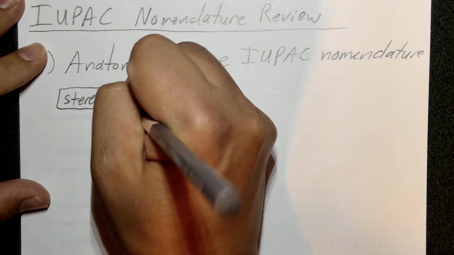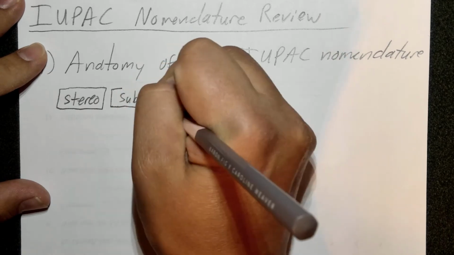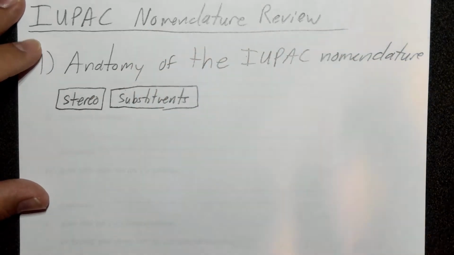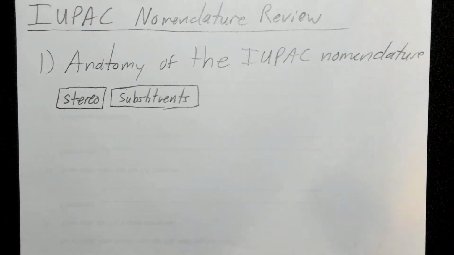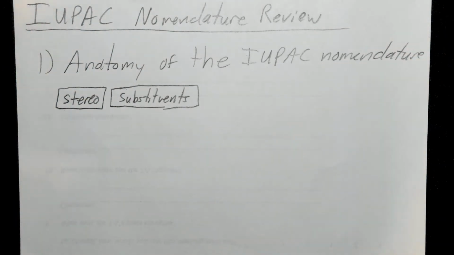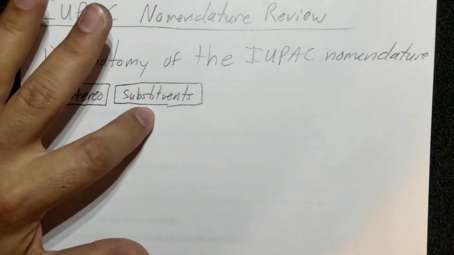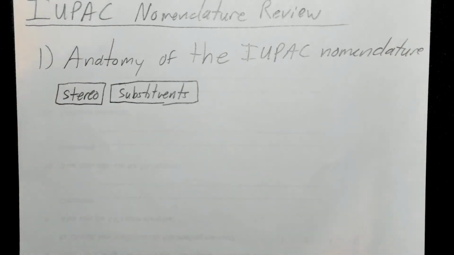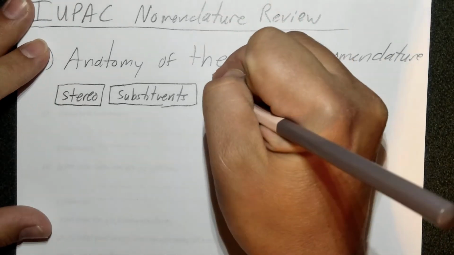Then comes the substituents. The substituents is where most of the pieces of the molecule dangling off of the parent structure are placed, their names as well as the locants that tell you where on the parent structure or parent chain of carbons they're located.